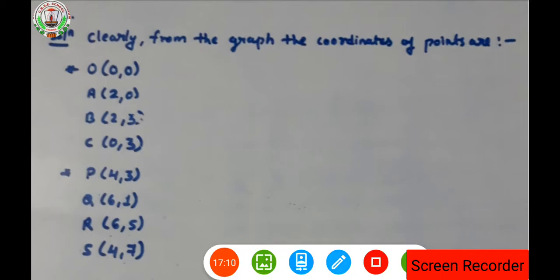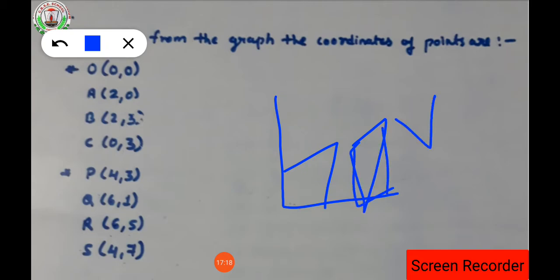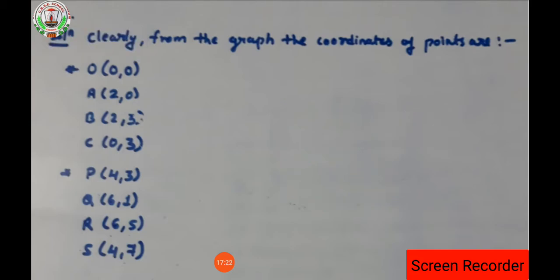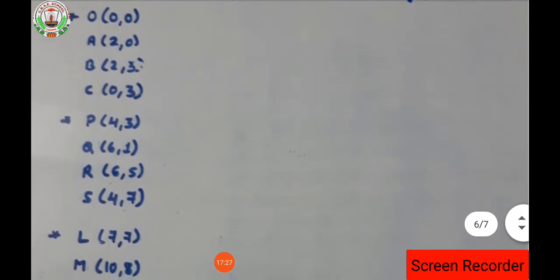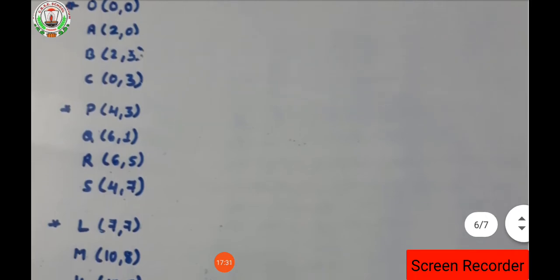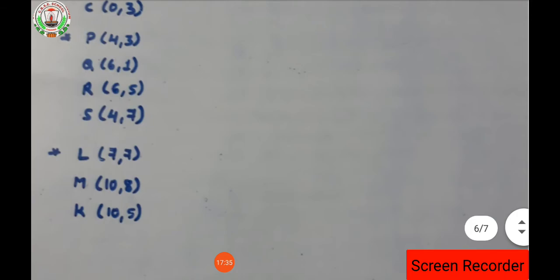So these are the coordinates of the second. How is the graph? In the graph we are having the points like this, isn't it? You can look in your book. So while seeing this graph, we have to tell the coordinates, that means xy values of points A, O, B, C, then P, Q, R, S, and the last one is in the form of a triangle, isn't it?